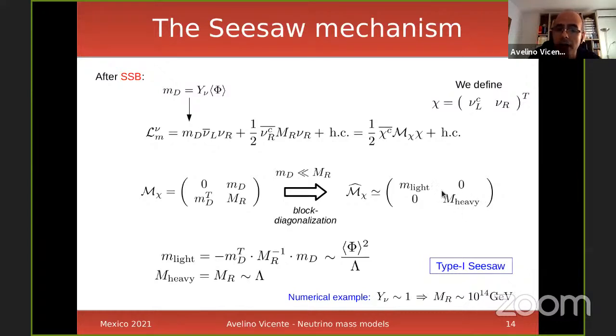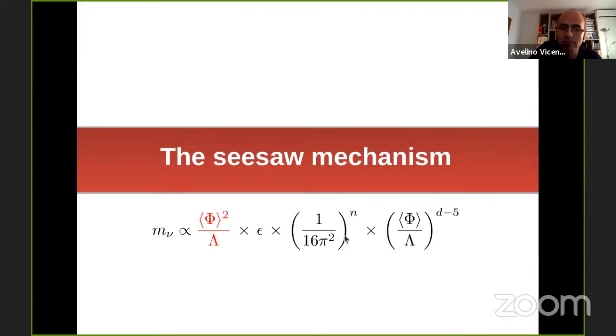And in very good approximation, you find that this block over here is nothing but M_D transpose M_R inverse M_D, which goes, as you can see, as VEV of the Higgs squared divided by lambda, where lambda is the mass, this M_R, which is the mass of the right-handed neutrinos, of the heavy fields. So this is a realization of what I just said. This is a realization of this factor here.